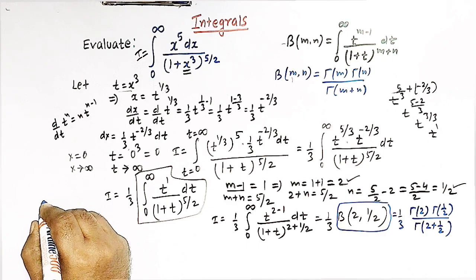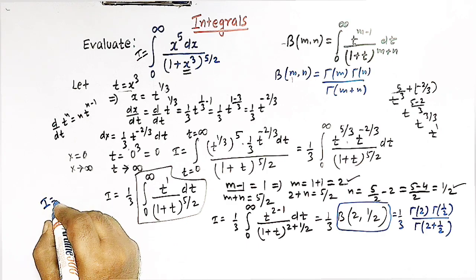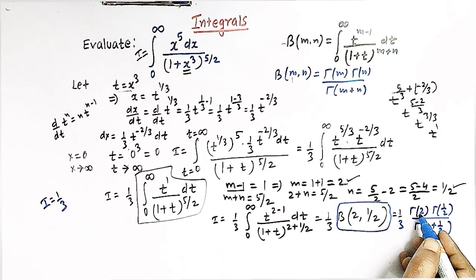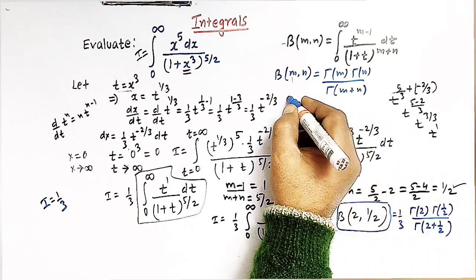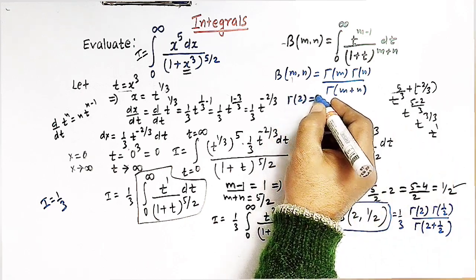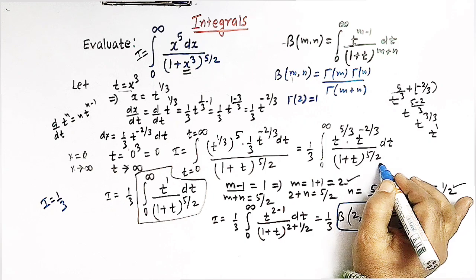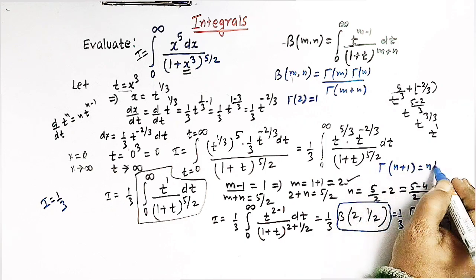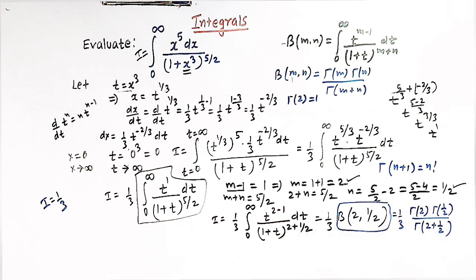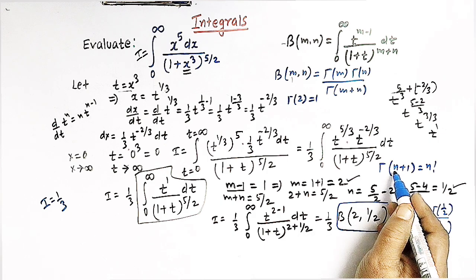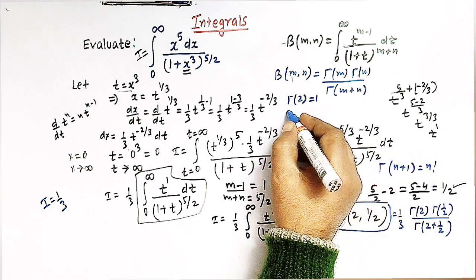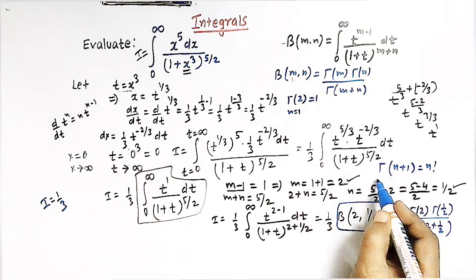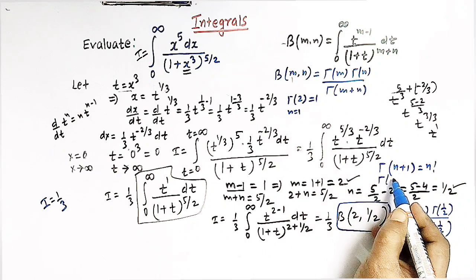So we can now write the value of I as 1 over 3, and gamma 2 is equal to 1, because here we can use this result: gamma n plus 1 is equal to n factorial, where n is some positive integer. If we take n equal to 1, then we have 1 plus 1, which is 2.